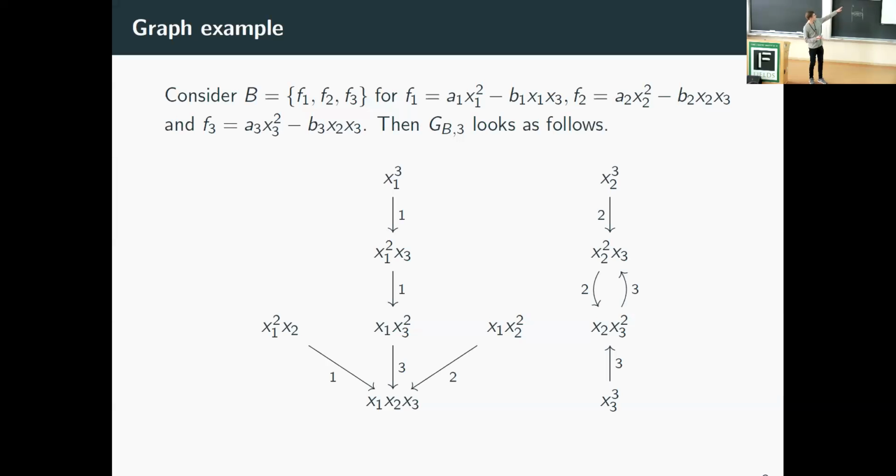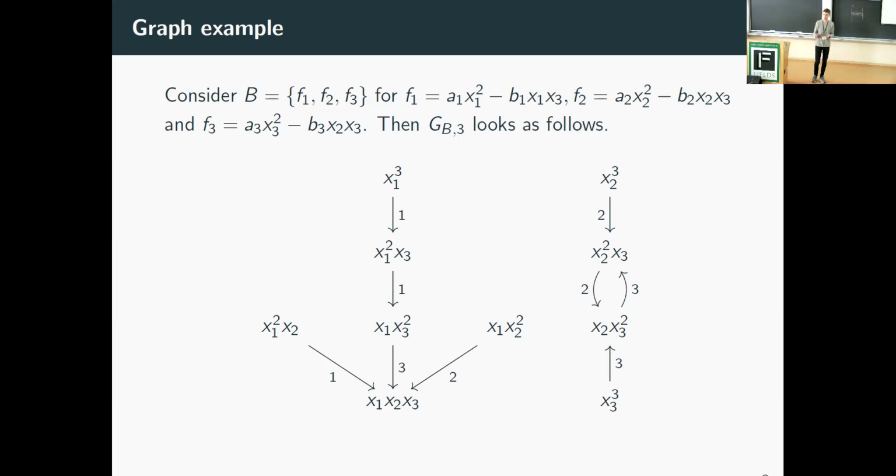So say we have the following B here, determined by 3 binomials on normal form. Then the reduction graph in degree 3 looks as follows. So here in degree 3, there is only one monomial in this set M222, being this x1 x2 x3 down there.